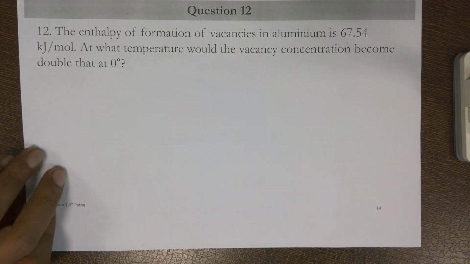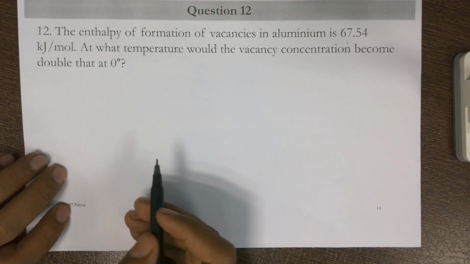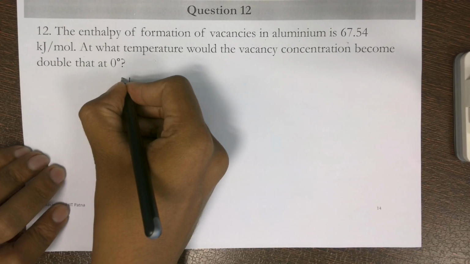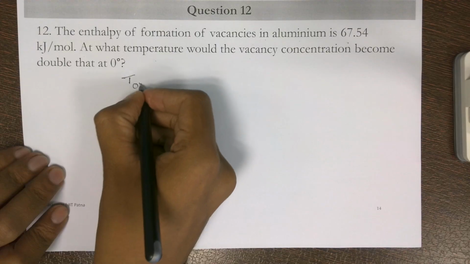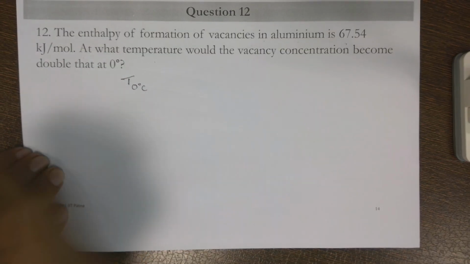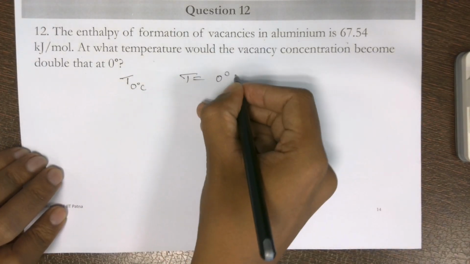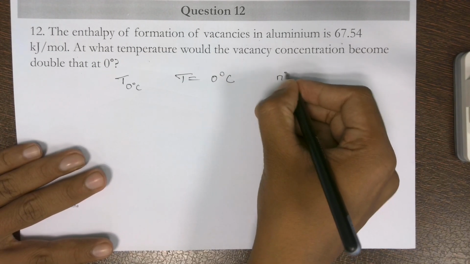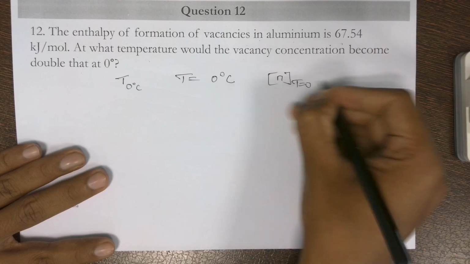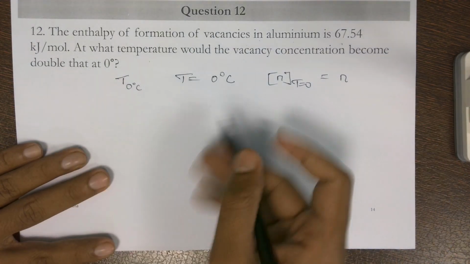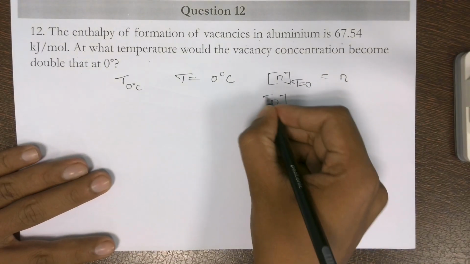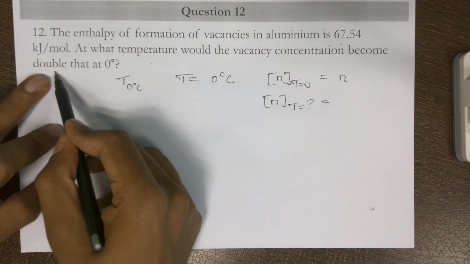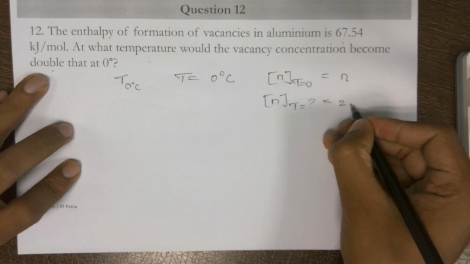Okay. Let's say at temperature equal to 0 degrees Celsius, we have the vacancy concentration to be N. We want to find the temperature at which the vacancy concentration would become double that at 0.